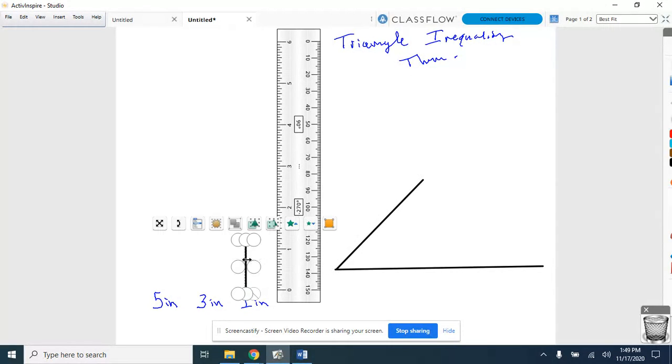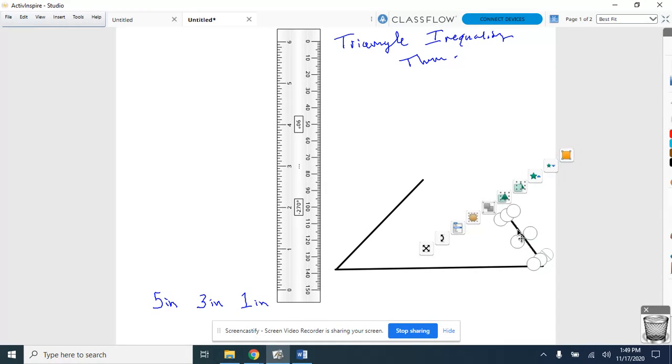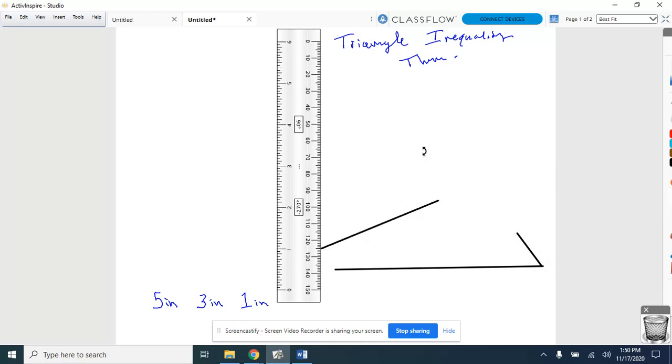Now, let's take a look. What happens when we bring over our other side? If you notice, no matter how we rotate this, even if we lay them almost exactly flat next to each other, it will never be able to reach that other side.